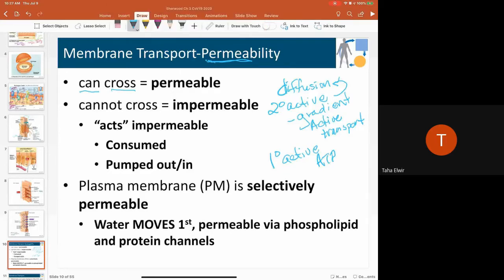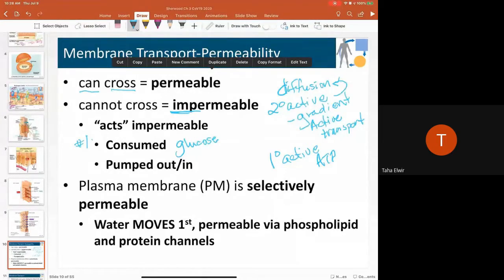We have some things that are considered impermeable, even though they do get into the cell, because they're either, number one, consumed when they go in. An example of that is glucose. We know that glucose goes into cells.